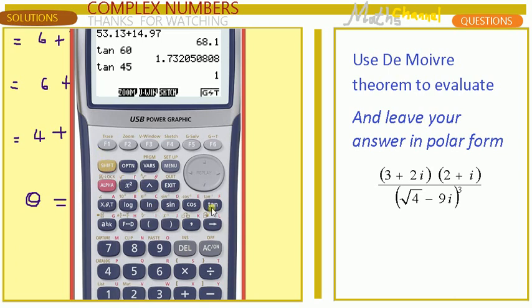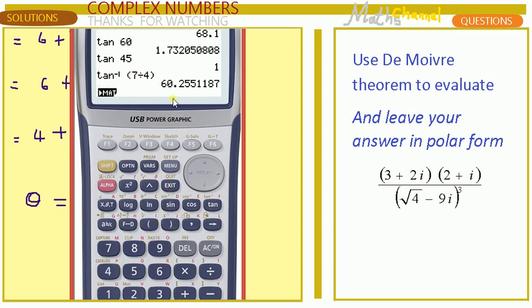Shift, tan, 7 over 4, you have 60.255 degrees as the angle.